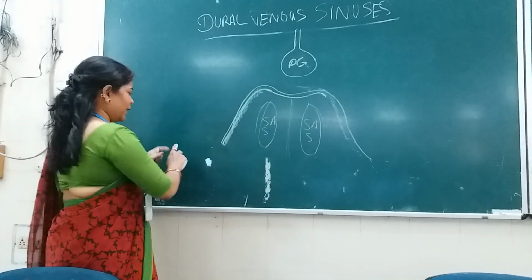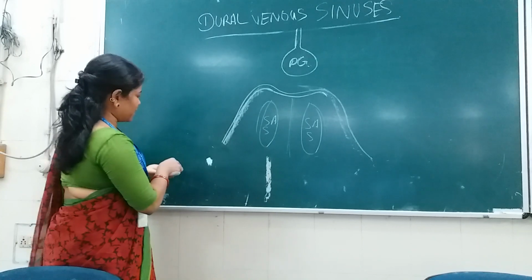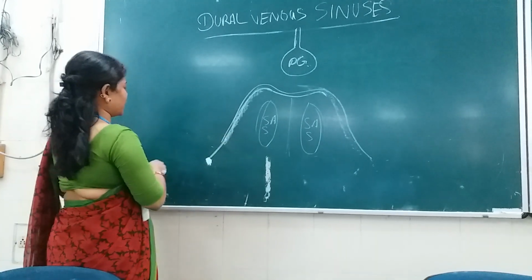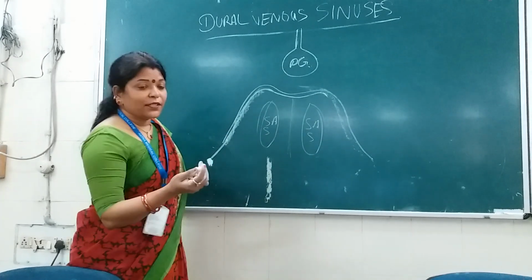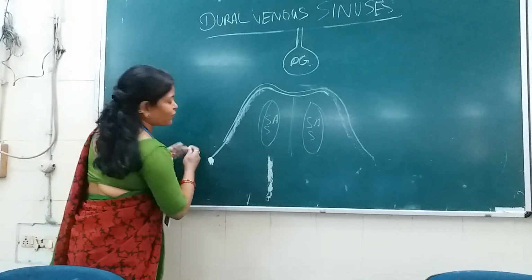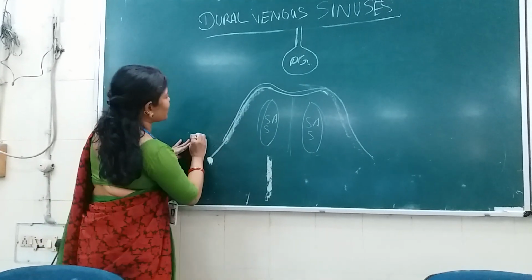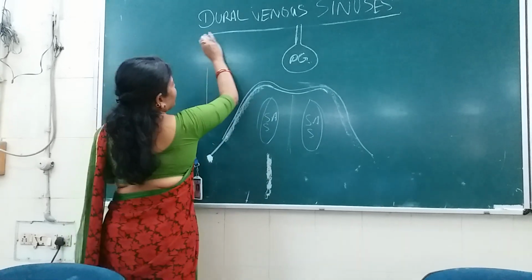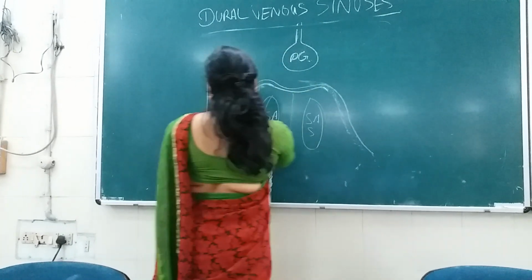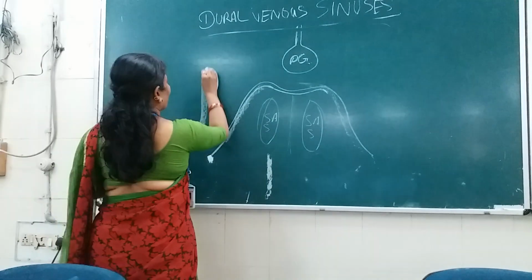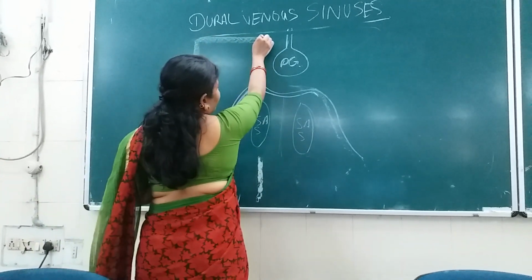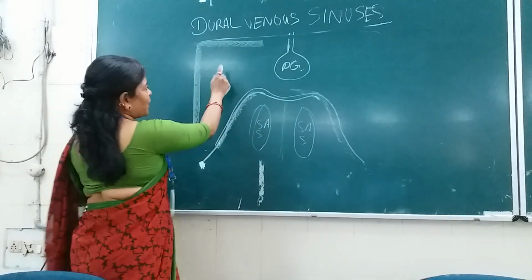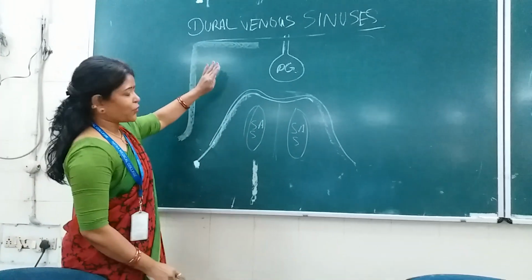Now, in the middle cranial fossa, what happens? The meningeal layer of the dura mater will split here, and what will it do? It will form the lateral wall. It will form the roof of the cavernous sinus that I will draw here.